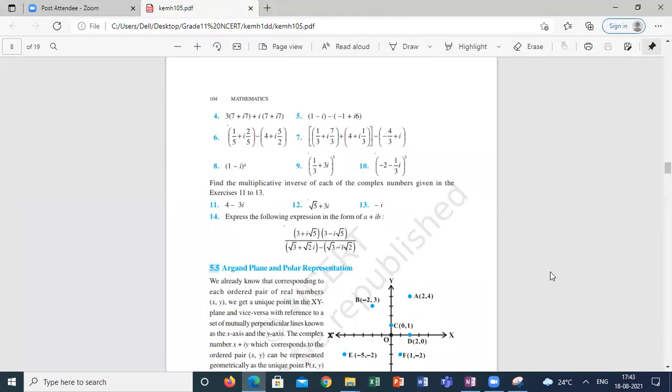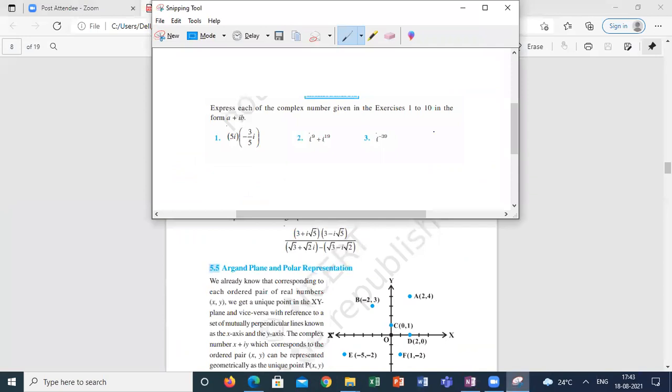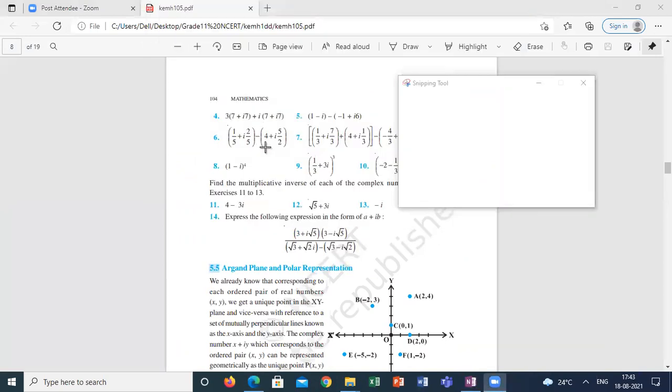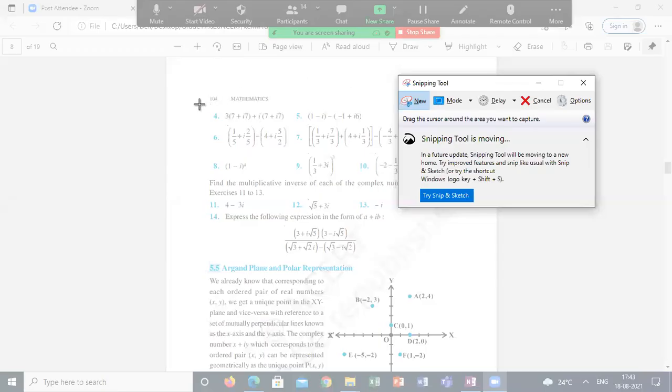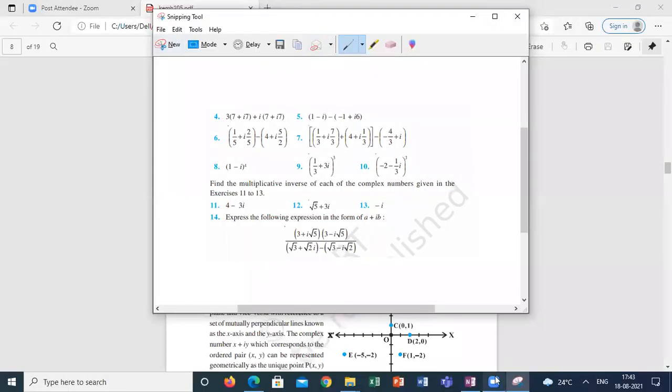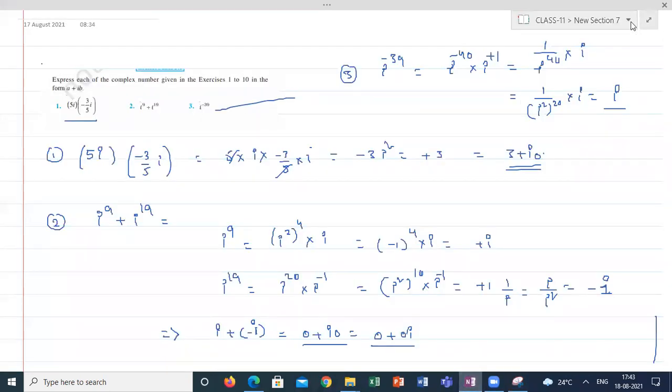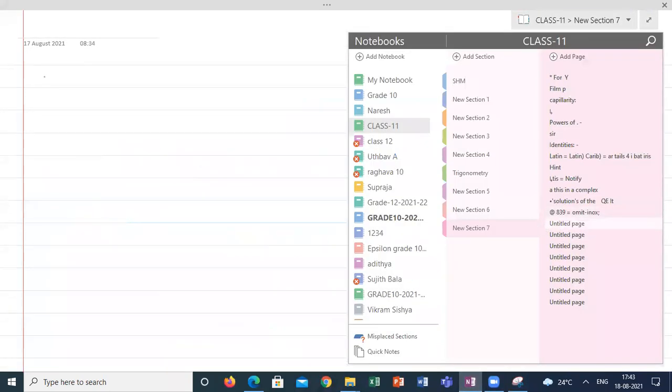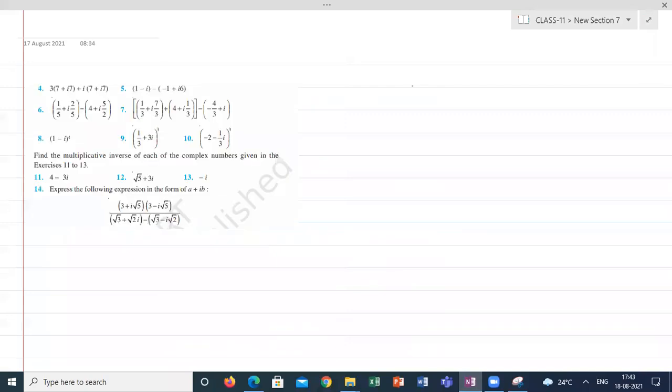Fourth question. So how to do the fourth question, students? 3 into 7 plus 7i plus i into 7 plus 7i.